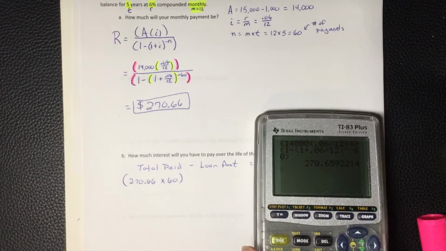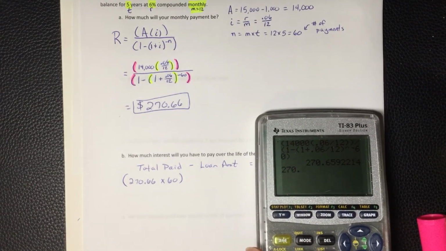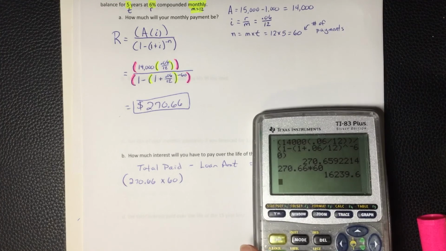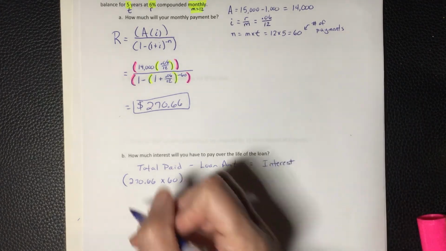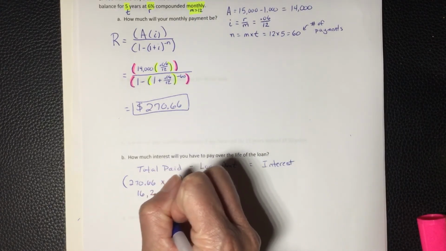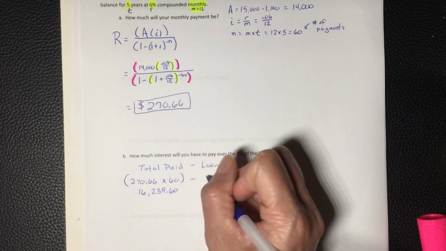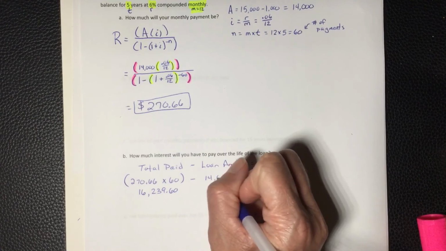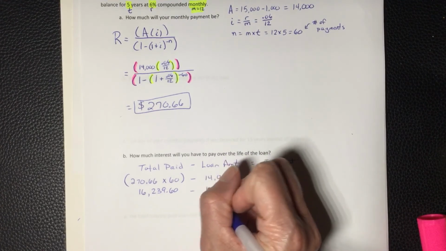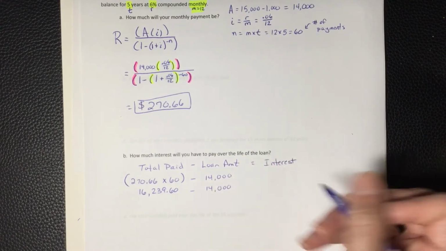So let's go ahead and get that number in there. 270.66 times 60. So we're going to pay in total for the car $16,239.60. So I'm going to write that number down. And then we want to subtract off the loan amount. Now remember, we did make a down payment on the car, so we only borrowed $14,000.